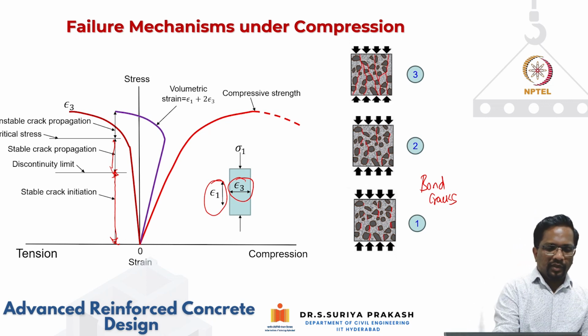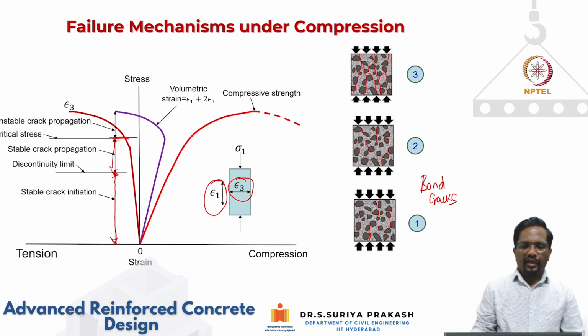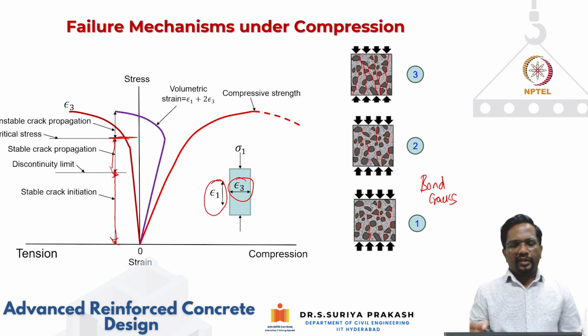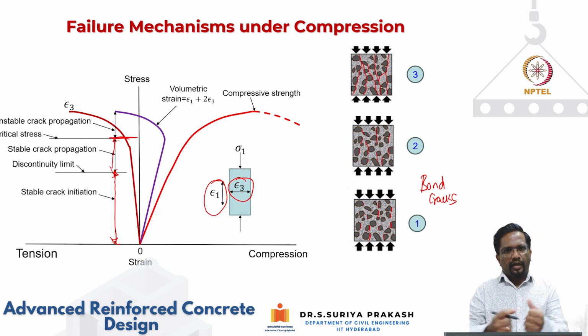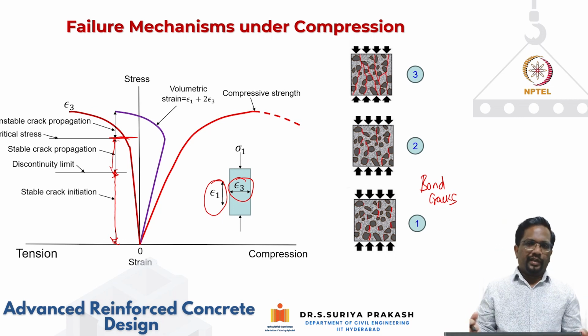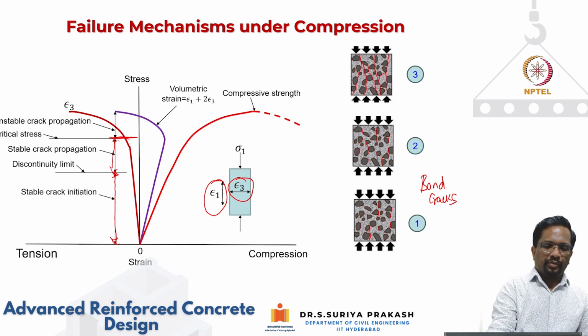Then you reach something called a critical stress level, which is very, very important from a behavior point of view. Once this critical stress level is reached, the material will start dilating. That means the volume is going to expand. Though we are applying compression, the volumetric strain is going to increase. It is not going into compression, it is going to expand.